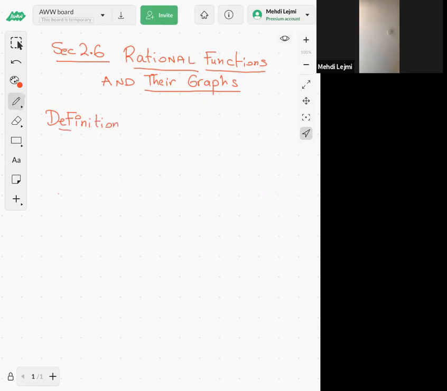So a rational function is just a quotient of polynomials, right? Rational functions are quotients of polynomials.